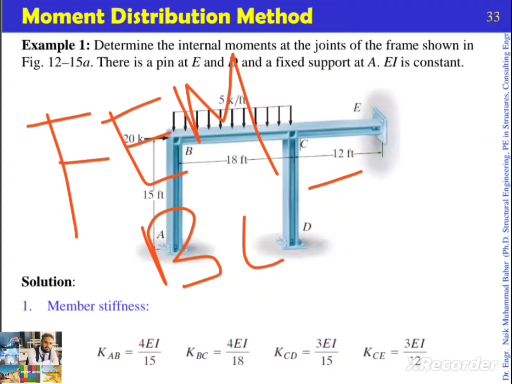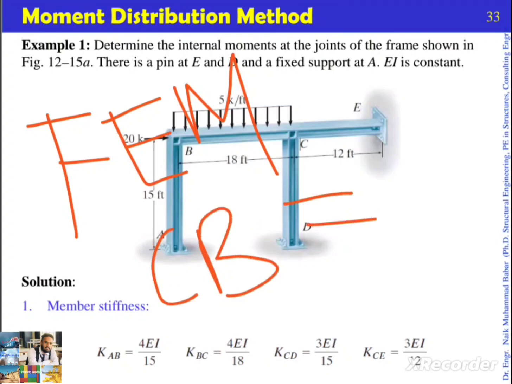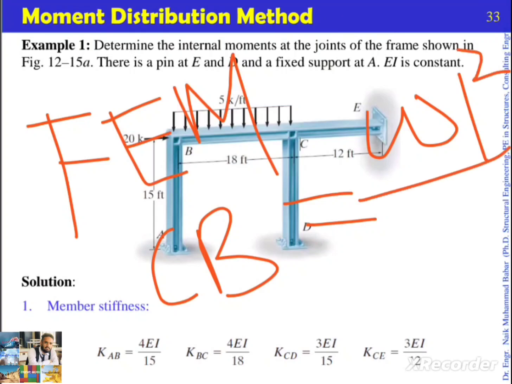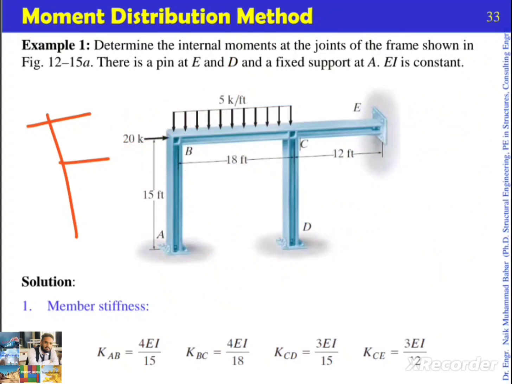Now we will calculate the fixed end moment for the CB span, which is clockwise. We will take it positive, and using the same formula, WL square divided by 12, we will get the fixed end moment from the CB side. Now we will calculate the fixed end moment for the CD span and CE span. There is no external force, so for both the fixed end moment will be equal to 0. So this is the third and most important step for the moment distribution method.